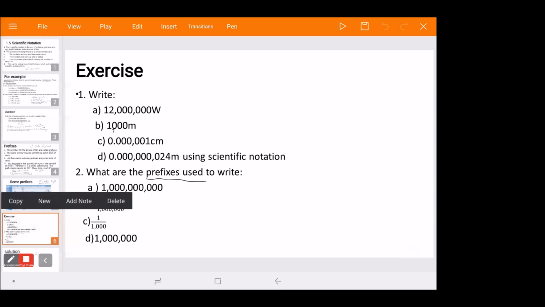Let us see this question, how we can write, for example, question number 1, using scientific notation, and what prefixes are used to write the given number. For A, we have done it in our previous time. What about B?